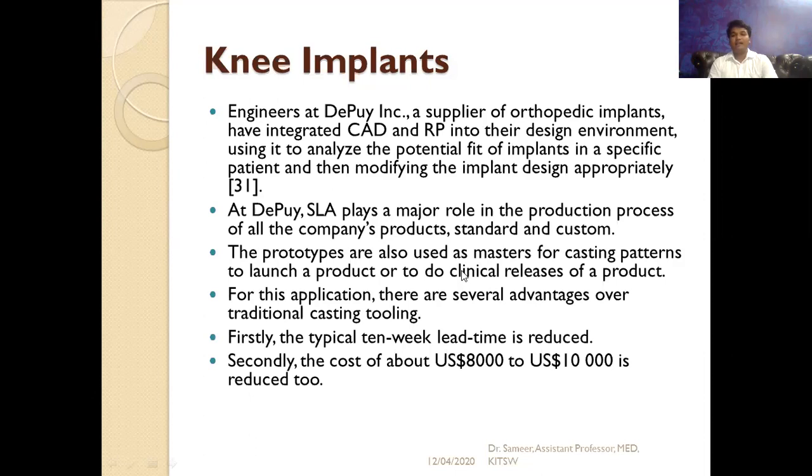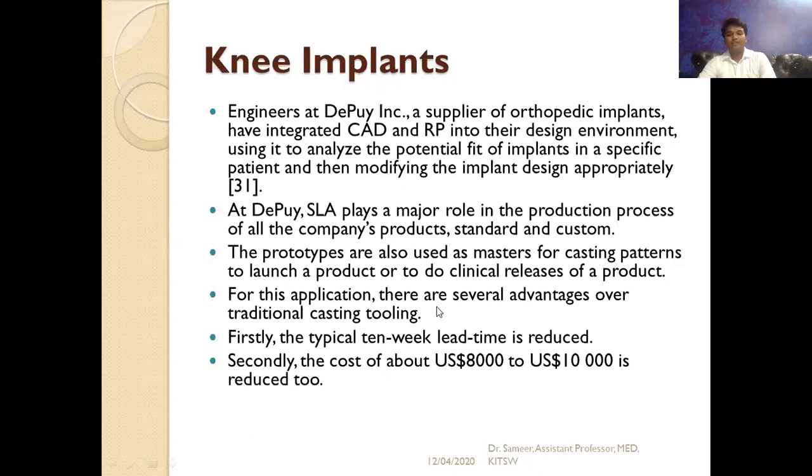based upon their analysis. And also at DFU, SLA plays a major role in the production process of all the company's products, standard and custom. The prototypes are also used as the masters for casting patterns to launch a product or to do clinical releases of a product.